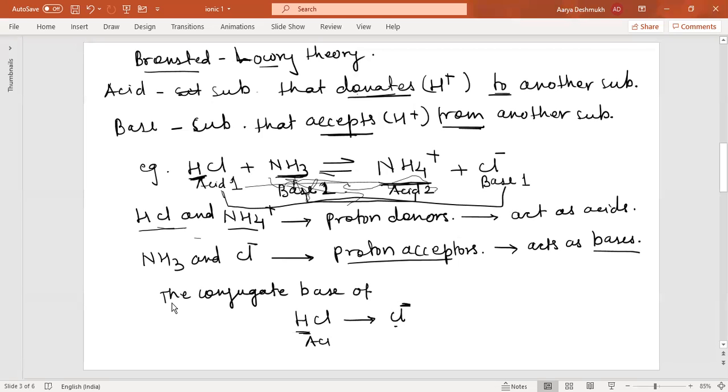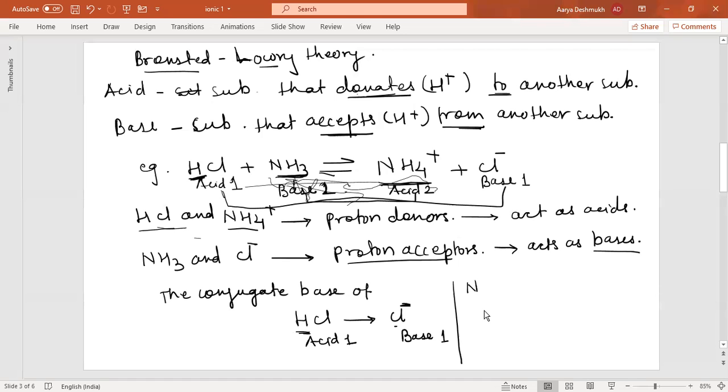So this is your acid 1 and this is your base 1, isn't it? Same thing is shown in this reaction also. This is base 1 and this is your acid 1. So the conjugate base of hydrochloric acid is the chloride ion. Now for the other pair, I can write the conjugate acid of a base is the species formed after a base accepts a proton.